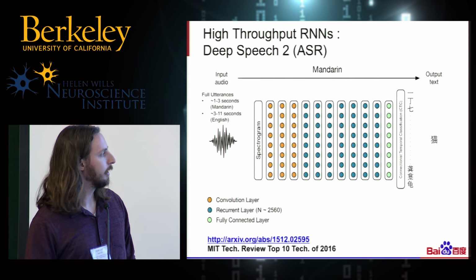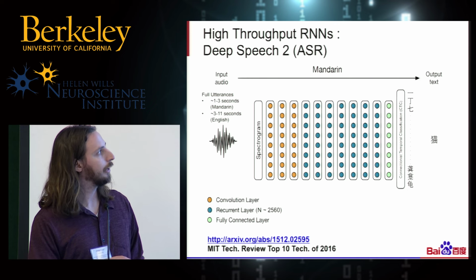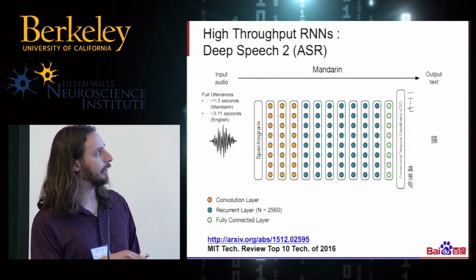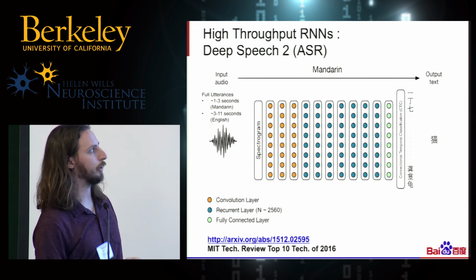And we have several layers of convolution, and then many layers, 7 to 11 layers, of recurrent neural networks before a fully connected layer. And we do alignment with a special cost function called connectionist temporal classification. But it basically just integrates over all possible alignments that you could get between the sound that's produced and the labels, the actual sentences that you're trying to say.